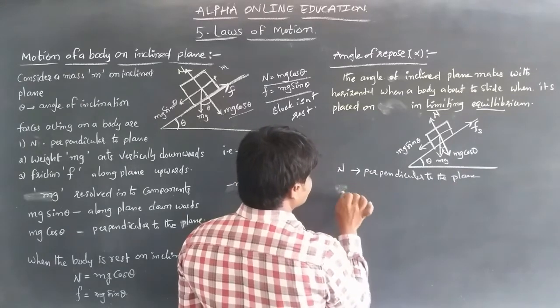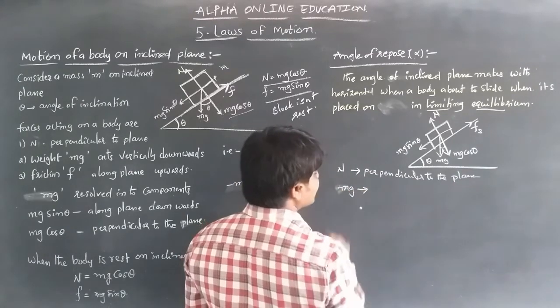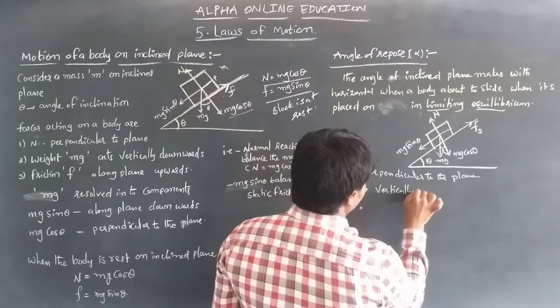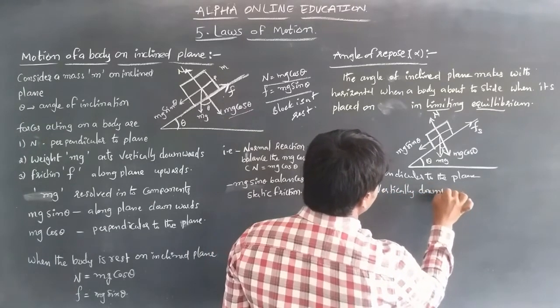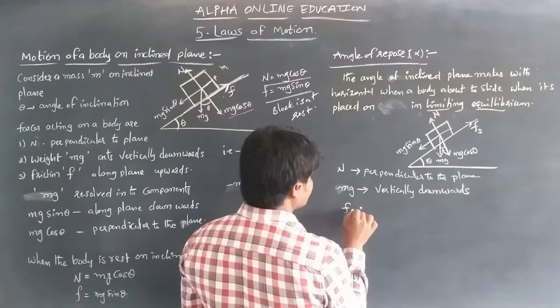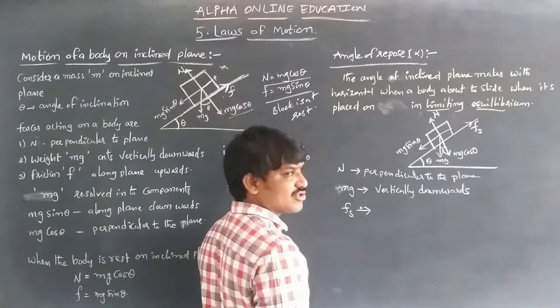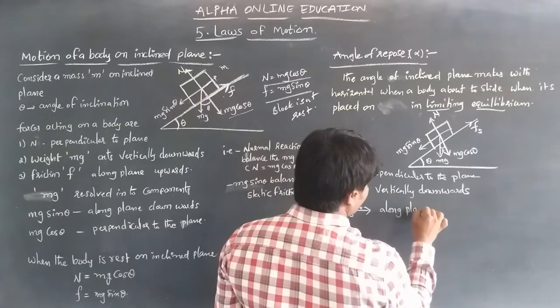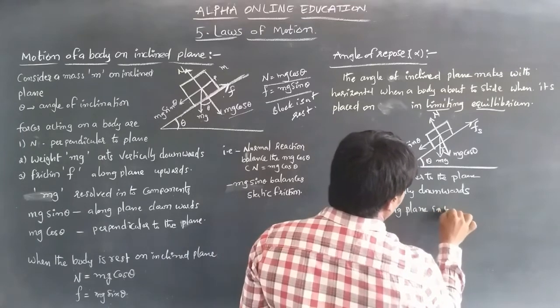Weight mg acts vertically downwards. And the static friction Fs acts along the plane in an upward direction.